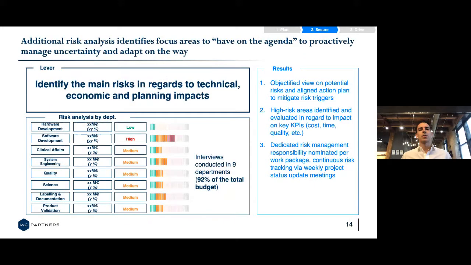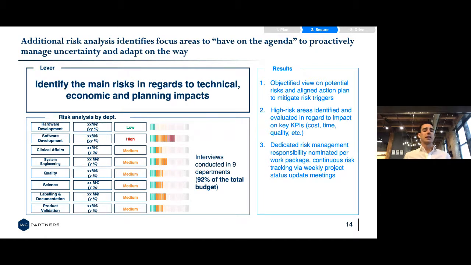So the next phase is where we shift into the risk assessment. And really, this is where we want to shift the mindset from reacting to scenarios to proactively managing scenarios. We did this by conducting interviews with the 9 departments involved on the project so that we could understand what concerns they had with this project development.